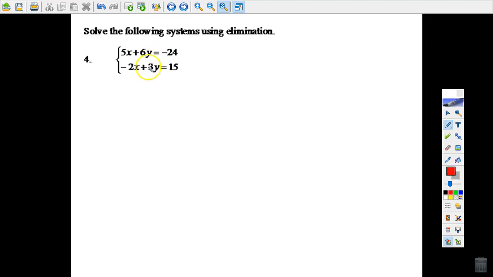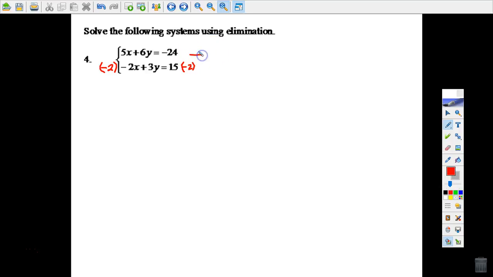I've noticed most people like to treat these as opposites so they can add. So I think I'll do the same thing here. I'm just going to multiply by negative 2 just on the bottom. I'm not going to do anything to the top equation. I'm going to show negative 2 on both sides of the equation because sometimes people forget that you're also supposed to multiply the constant on the right side.